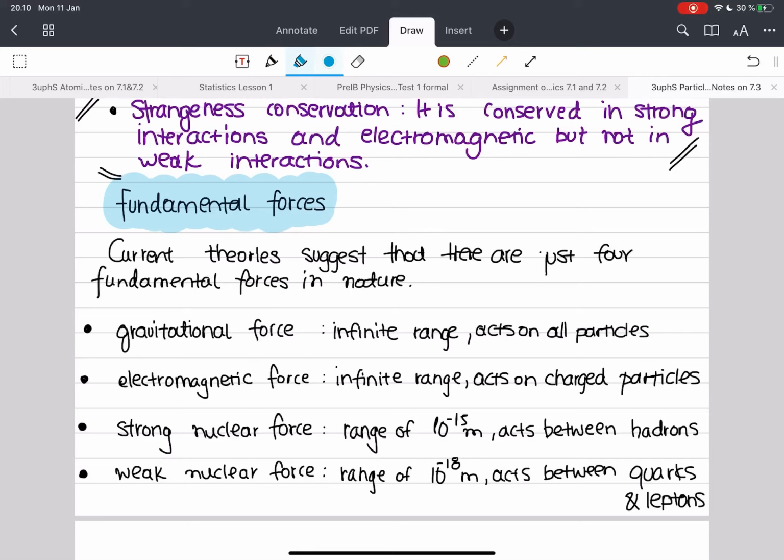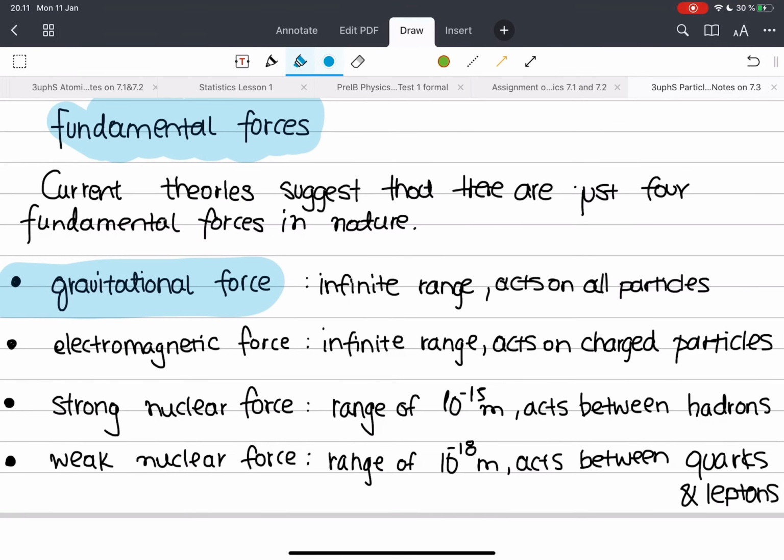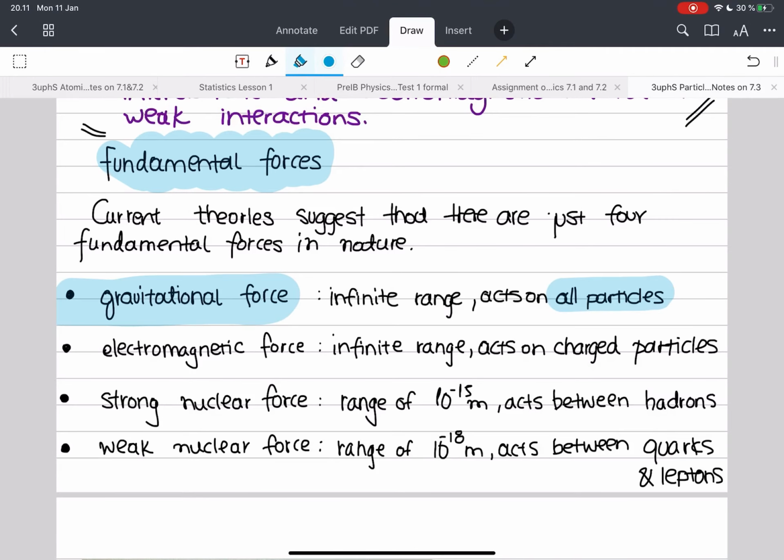The current theories suggest that there are just 4 fundamental forces in nature. Those are the gravitational force, as you know, which has infinite range and acts on all particles. There is the electromagnetic force, as you know, which has infinite range but acts only on charged particles.